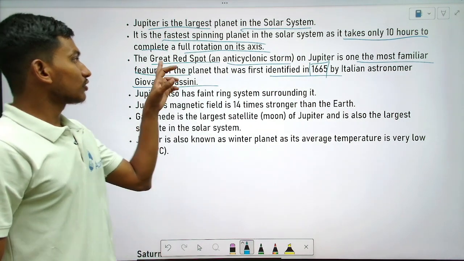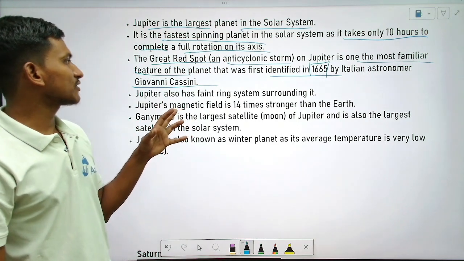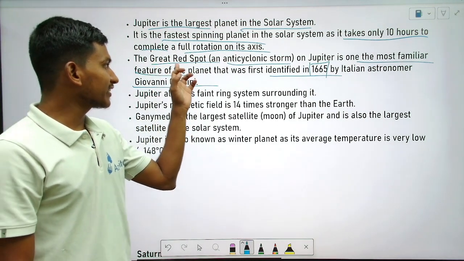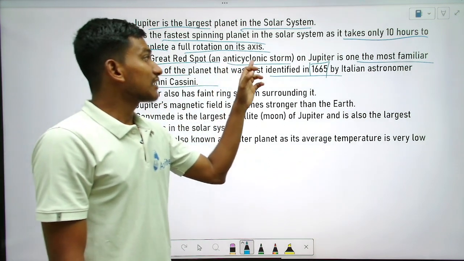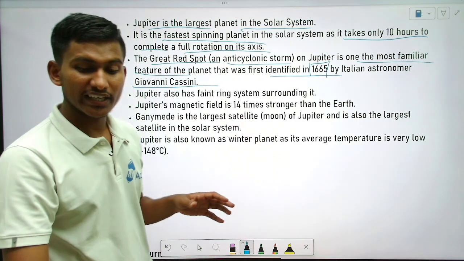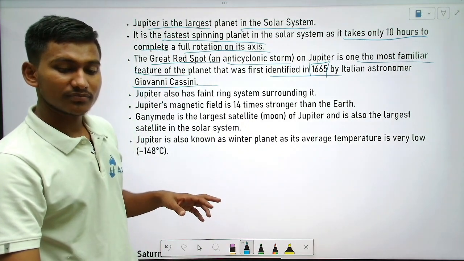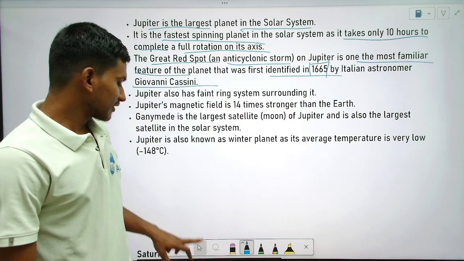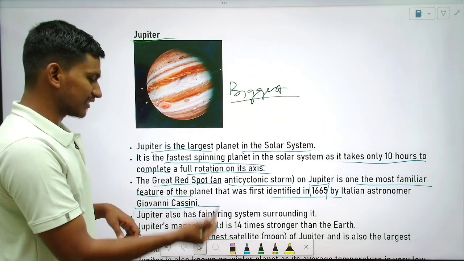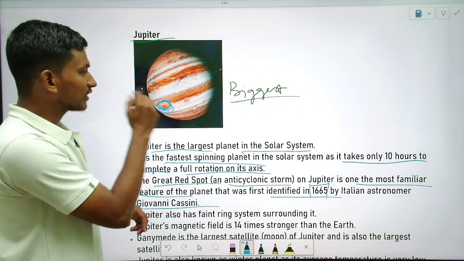This planet has a very large spot, called the Great Red Spot. It is an anticyclonic storm, that is a storm. You may have seen this, right? This cyclone rotates like this. So that is the spot.